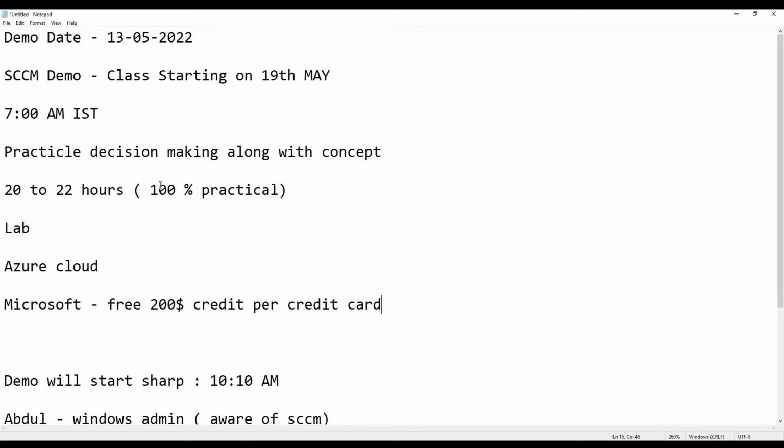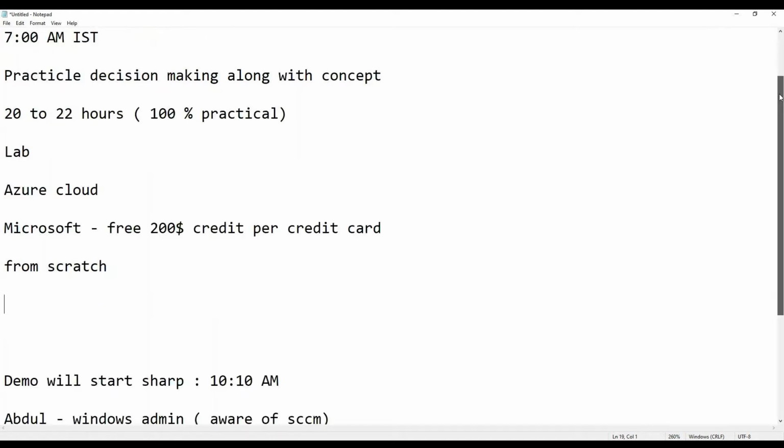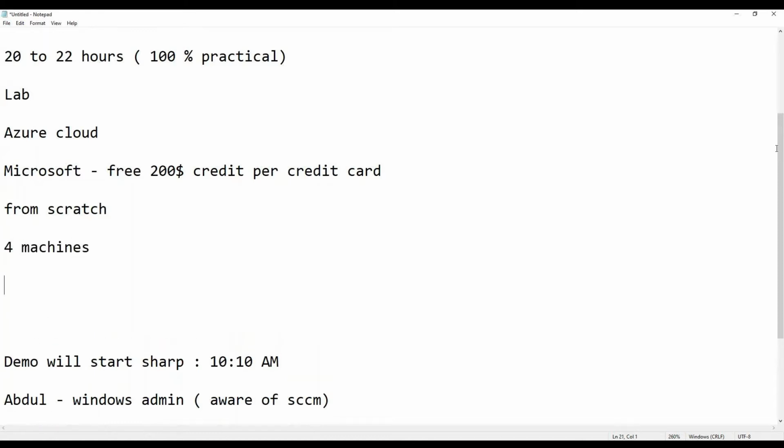So what we will do is build your SCCM infrastructure from scratch. That means whatever I show you, you can also do it in your own lab after the class is over, once the recording is shared. We will be building 4 machines. First, what do we need for any on-premise environment?